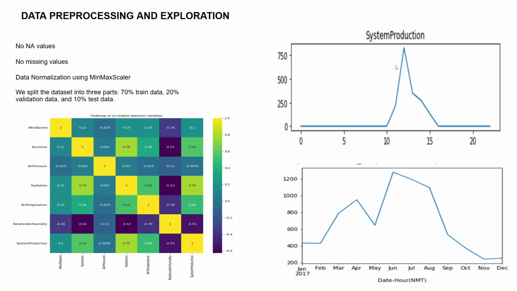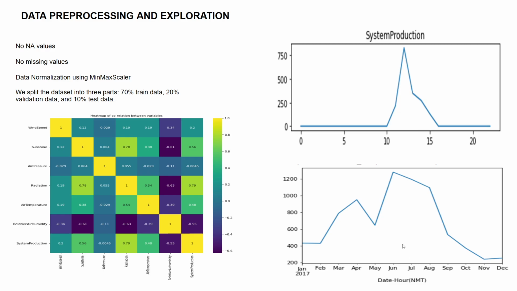Here we have the daily production, and we can see that the peak happens in the afternoon. Also, from the diagram, we can see that the spring and the summer months have the highest production.